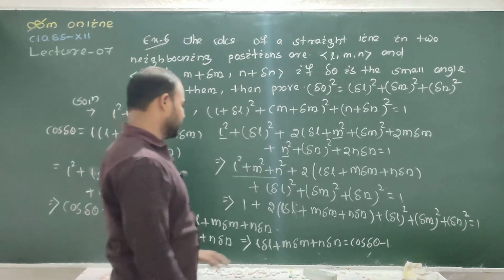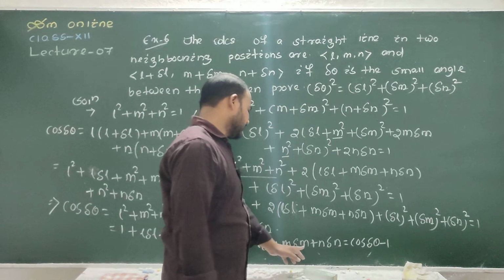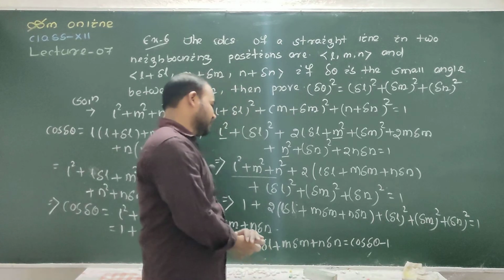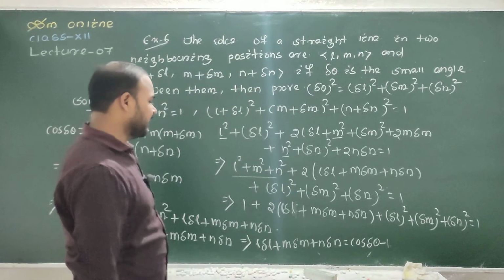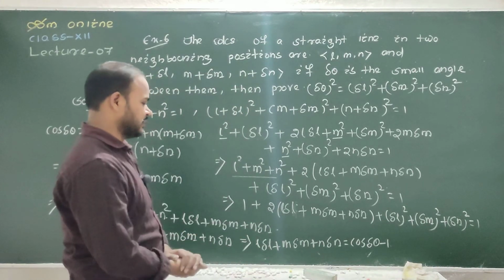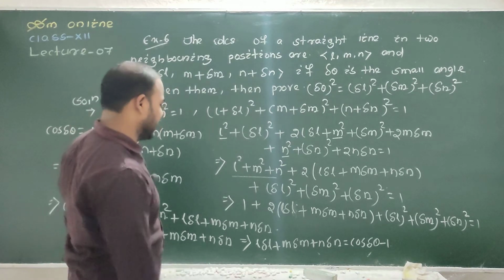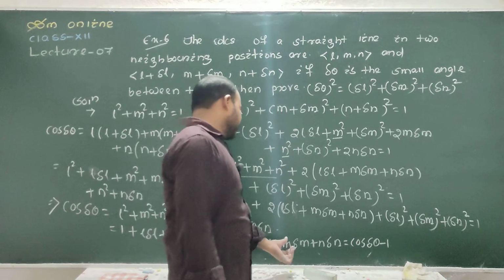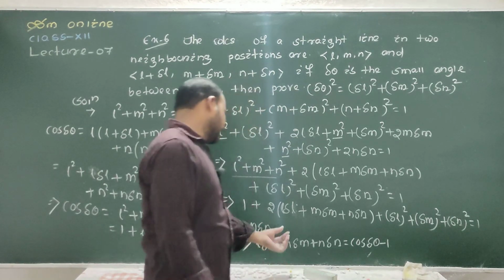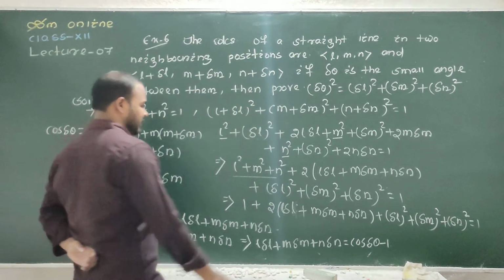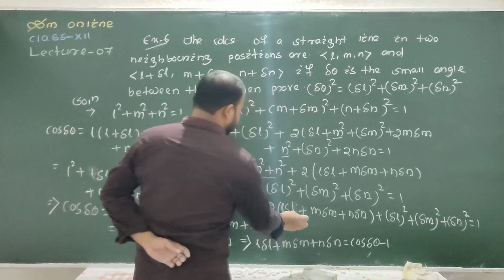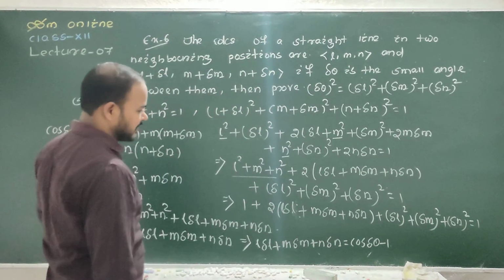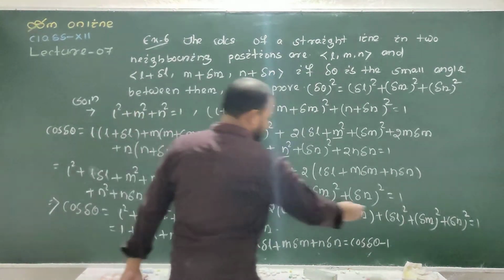Okay, and if we put the value of this one, that is L del L plus M del M plus N del N, that is cos del theta minus 1. Okay, here 1 is cancelled first.